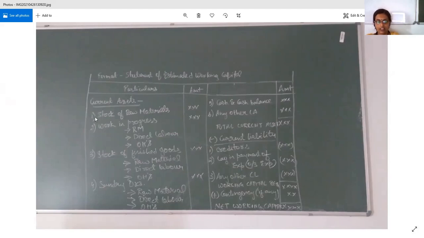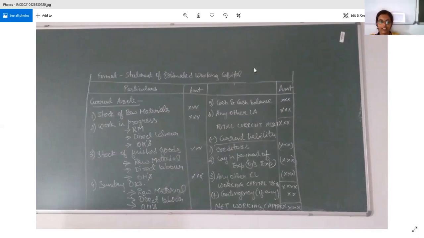Or if possible, you could just take a screenshot and keep it with you, and write it whenever you find time. But I shall explain the format as of now. Okay?